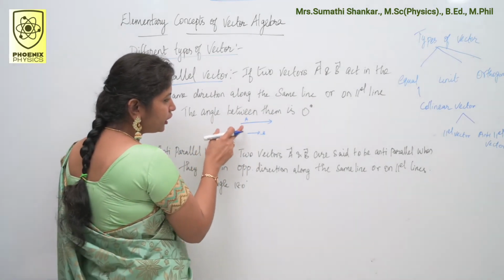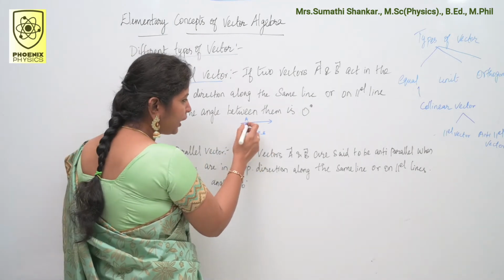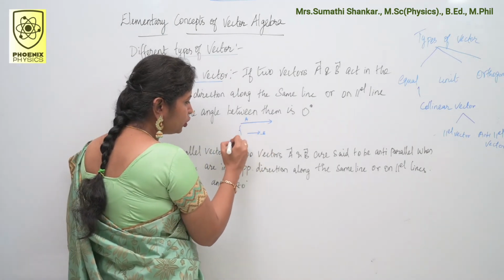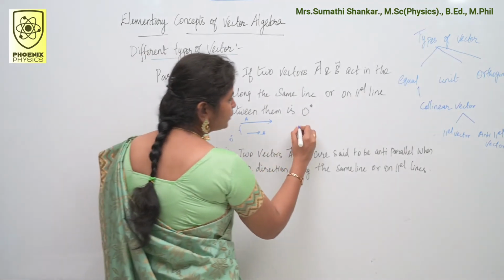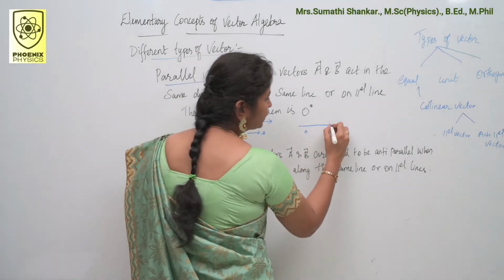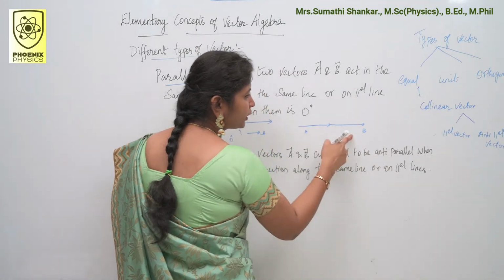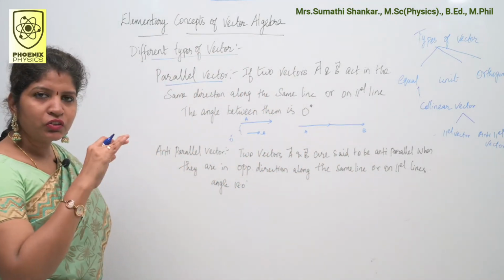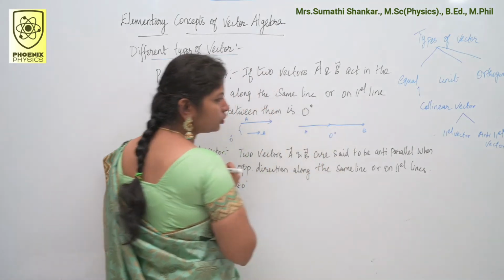Here A vector and B vector both act in the same direction, the angle between them is 0 degree. Okay. Here consider the vector A, another vector B. So here these two vectors act on the same line. Here also the angle between them is 0 degree.